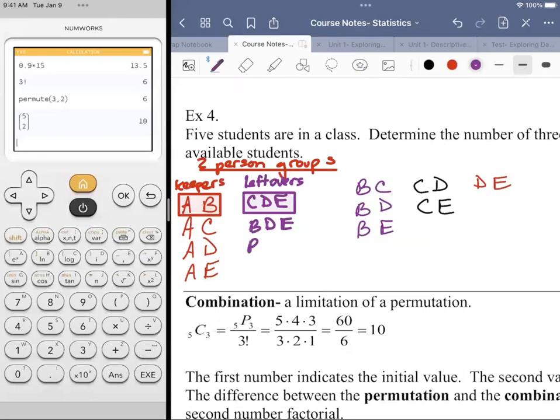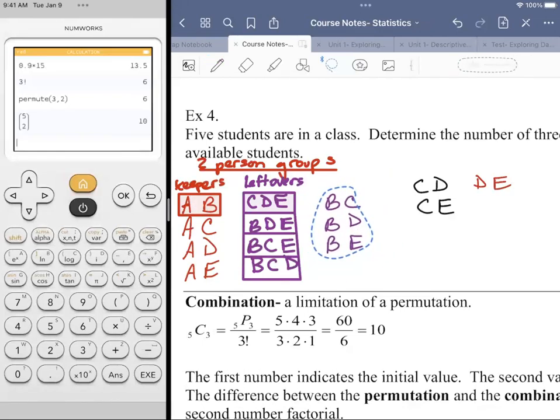AD, BCE. AE, BCD. These are all my leftovers. So for every group of keepers, I have a group of leftovers. BC, BD, BE, those are all my keepers.